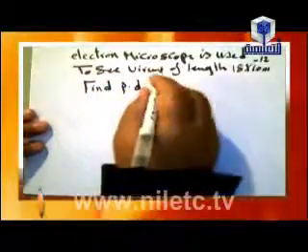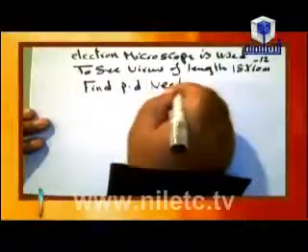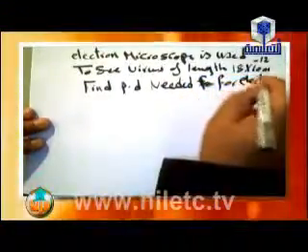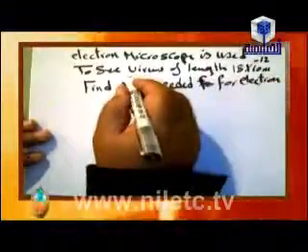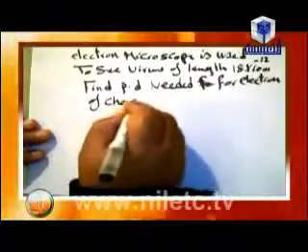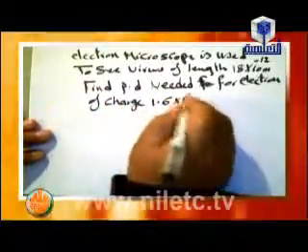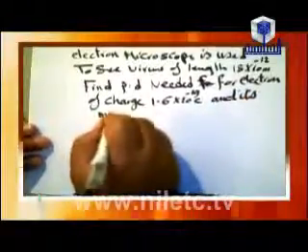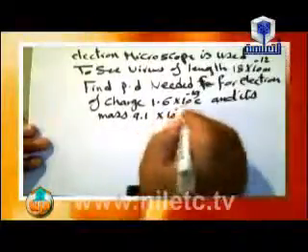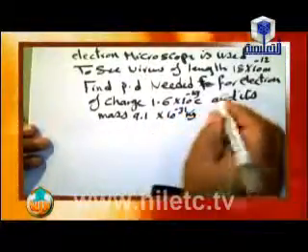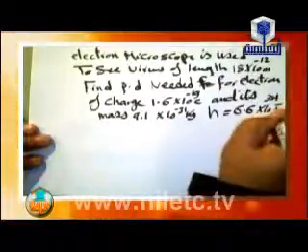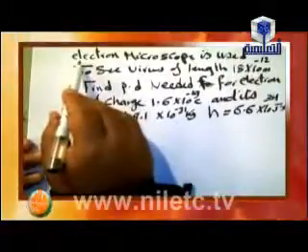Find the potential difference needed for the electron, of charge 1.6 times 10 power negative 19 coulomb, and its mass 9.1 times 10 power negative 31 kilogram, and Planck constant h equals 6.6 times 10 power negative 34 joule second. I will tell you the problem again.